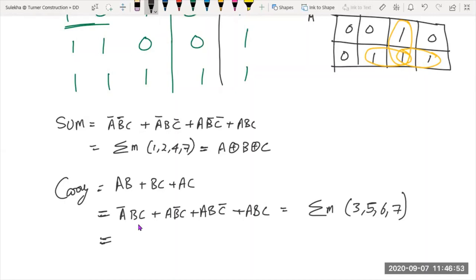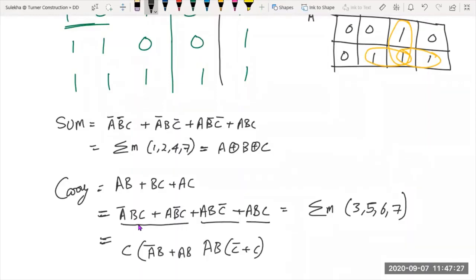For writing that, I can take common terms. From these two, I can take AB as common, and this will become C bar plus C. From these two, I can take C as common, and this will become A bar B plus A B bar, and this will become plus.